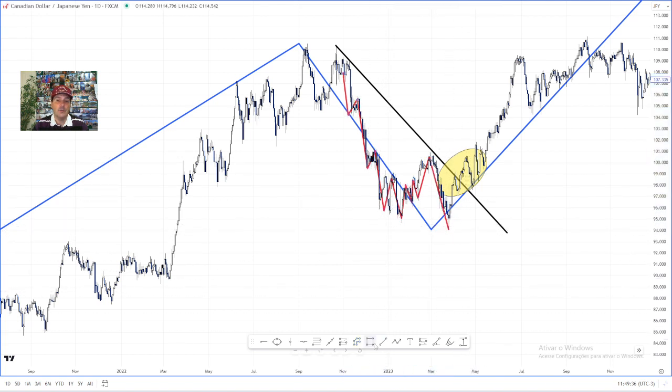So talking about the short-term downtrend, this is the relevant high. Not all highs and lows are relevant. We've learned this in the previous lessons.